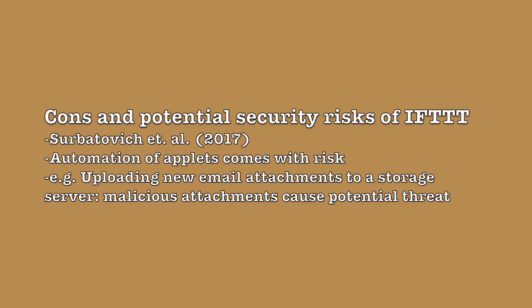Being a technology, it must be taken into account that there are a number of security and privacy risks. A 2017 paper analyzing security risks of IFT gave the example that applets themselves can be unreliable, as using one that uploads attachments from emails automatically to a storage server like OneDrive or Google Docs, malware attachments from spam mail may be uploaded too, causing permanent damage, information leaking, and security breaches for our online system.